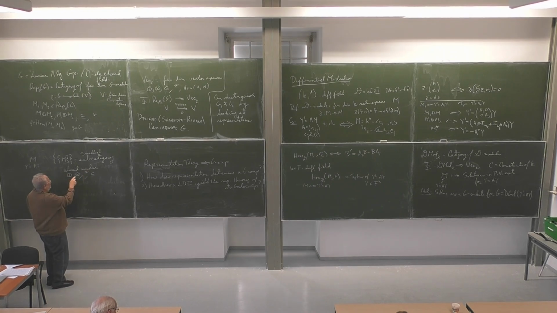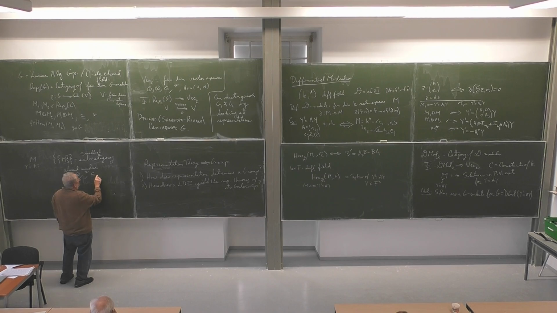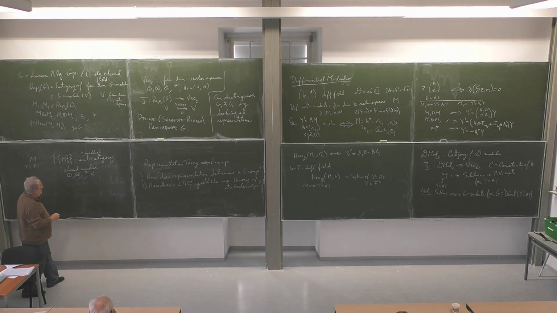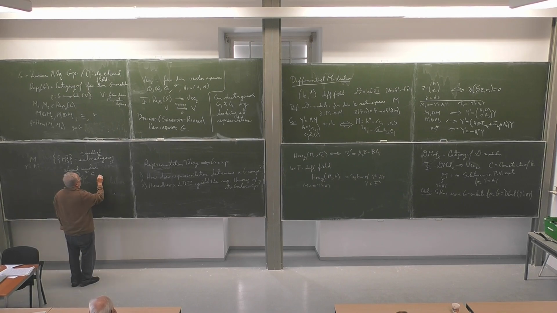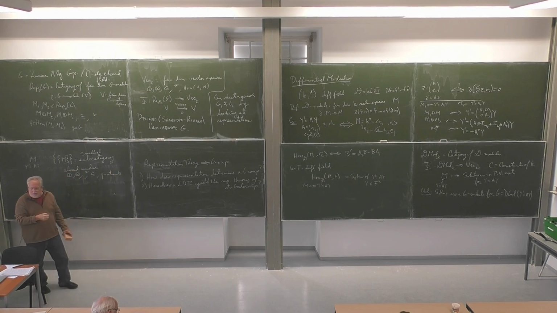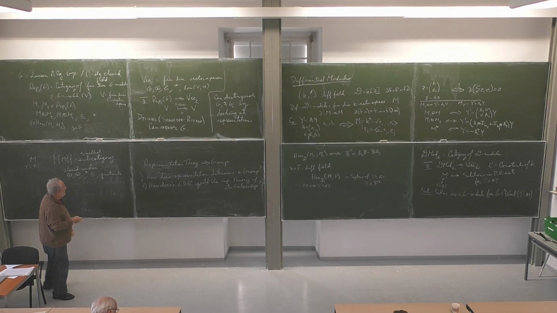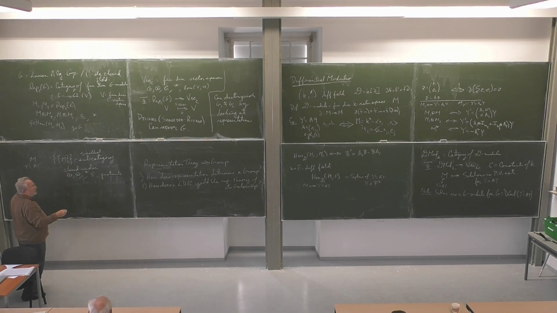If you have tensor products and duals, you get homomorphisms. But I'll say it in yeah. So leaving something out. Quotients. That is, if you have two submodules, you can form a quotient. And now I can make this a little more precise.